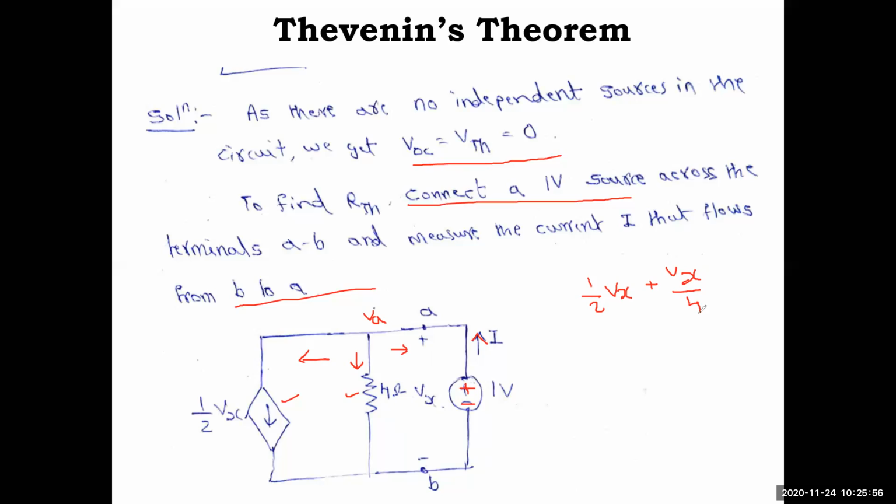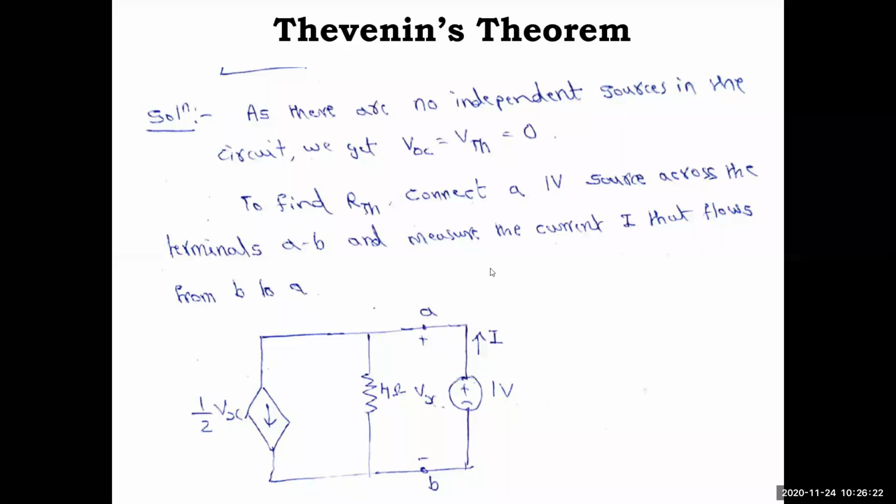And now this branch: plus minus 1 volt is connected, that's why Vx minus 1, sorry, here no resistors are connected, so we call it just current entering the node, that's why minus I equal to 0. So this will take minus I equal to 0, and we'll solve this. Vx we will substitute like that and solve it. Note down this much.